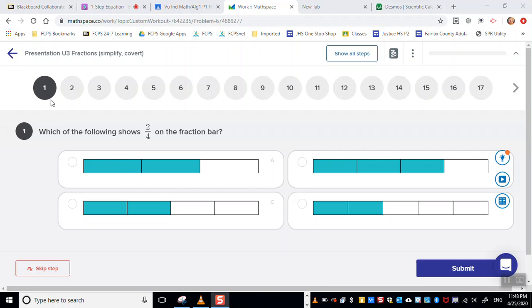I'm getting back to you this week about the assignment, about the topic of fashion. I'm going to go over the topic with you by going through the math-based questions that I have for you to practice.